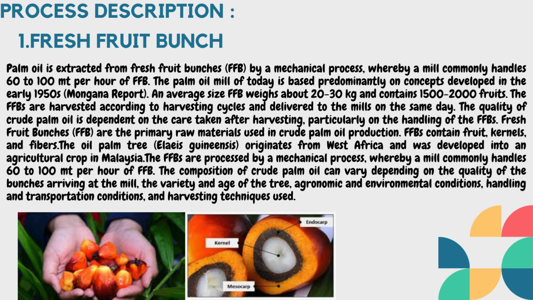The FFB are processed by a mechanical process whereby a mill commonly handles 60 to 100 metric tons per hour of FFB. The composition of crude palm oil can vary depending on the quality of the bunches arriving at the mill, the variety and age of the tree, agronomic and environmental conditions, handling and transportation conditions, and harvesting techniques used.